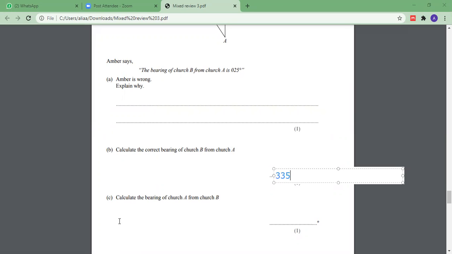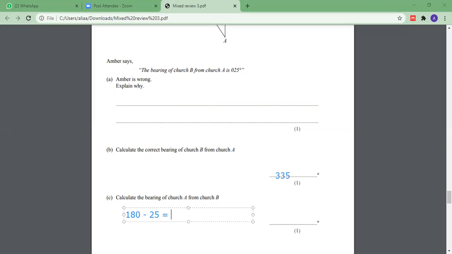If I have two parallel lines and one of the angles is 25, so the other is going to be 180 minus 25, it's co-interior angles. We took it last year.